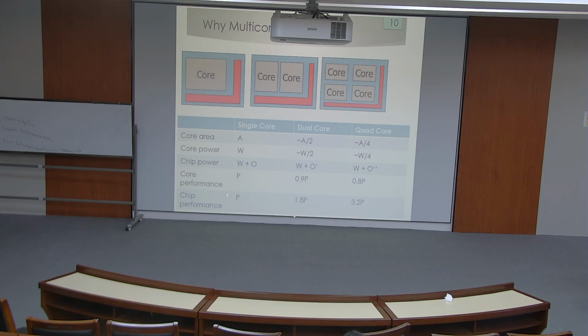That's why here we have the performance P, but in dual core we have a decrease in performance for each core, and in the quad also we have a decrease in performance because there is overhead communication, and not all tasks can be performed in parallel.